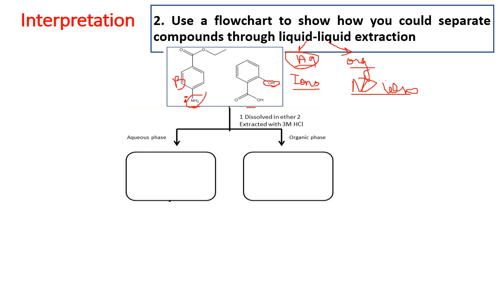But here, the most important functional group, which is the carboxyl, having what? Having the carbonyl with the OH. The carboxyl group donates a proton, turning to be C double bond O and O minus.